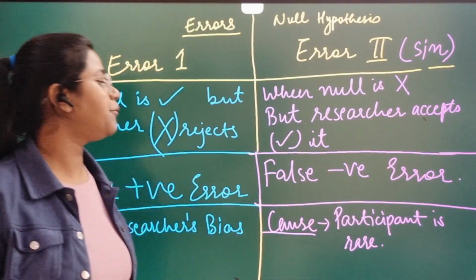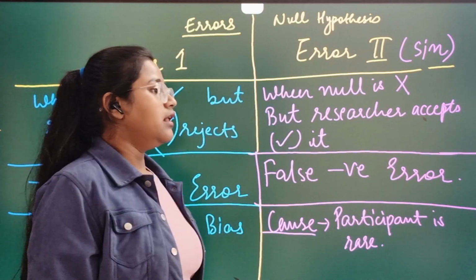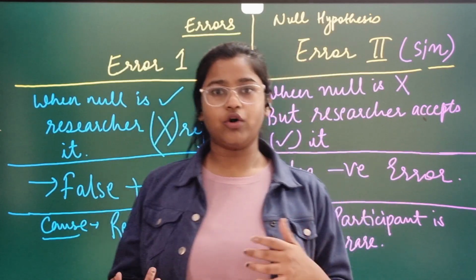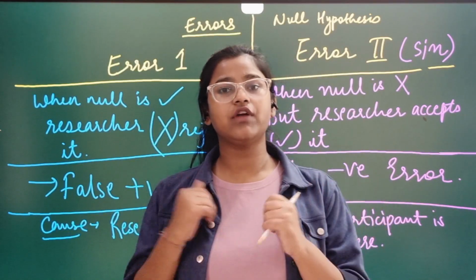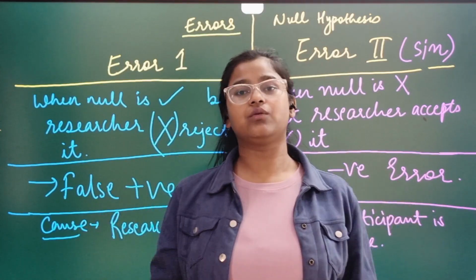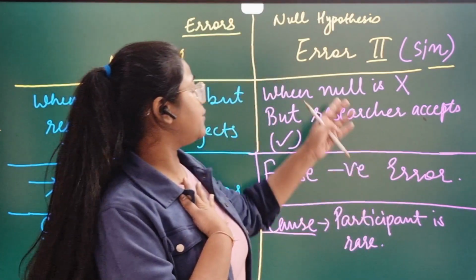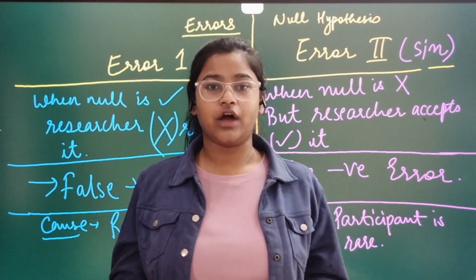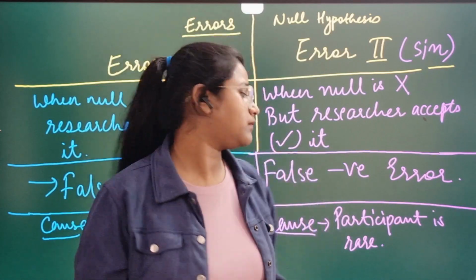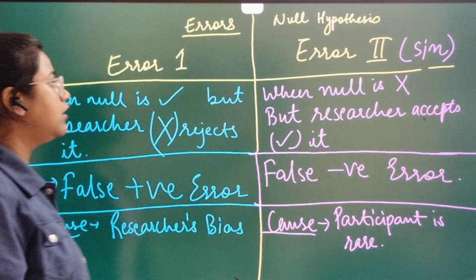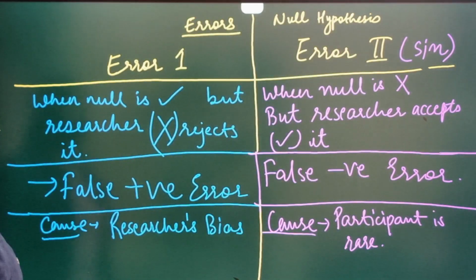Rare participant, rare population. What does this mean? That my subject topic is very rare. The people that I want to interview, the people that I want to take my survey on, they are very rare. I'm not able to find the population. So what I do, I accept my null hypothesis because I'm not able to function in my research. I'm not able to collect data. Participant is rare. This is the cause for type 2 error. Okay, you can note this down.